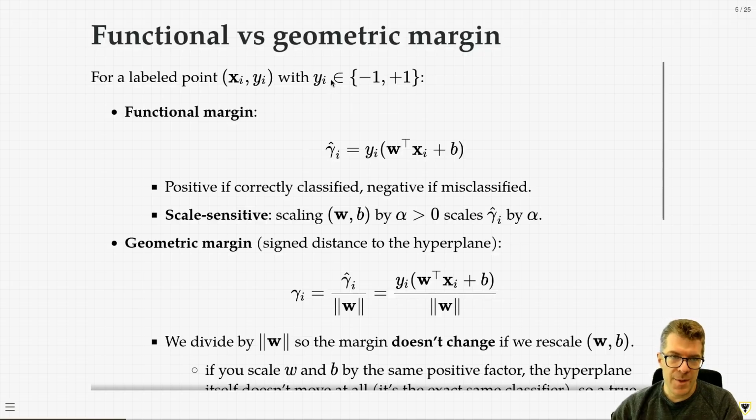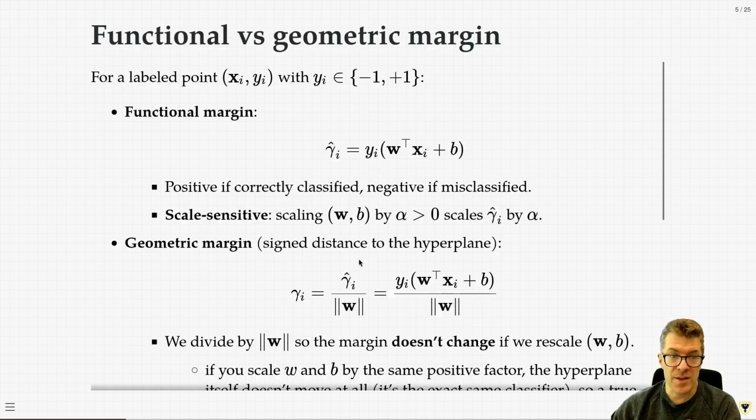So that was geometric. Let's talk about the functional representation. For a labeled data point x sub i, y sub i, where y sub i is again binary, positive or negative, we have this functional margin, which we're going to call gamma hat sub i, defined here. This is positive if it's correctly classified, and negative if it's misclassified.